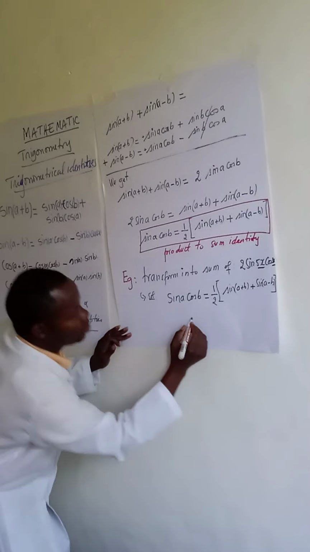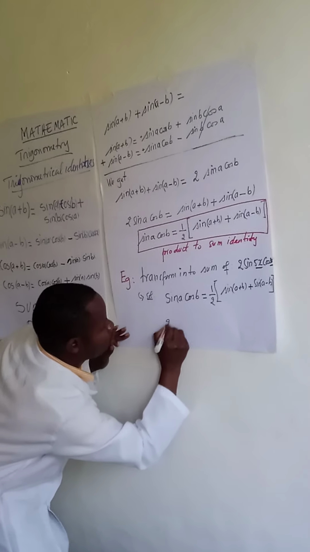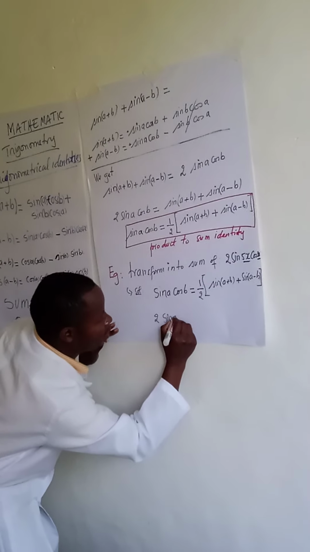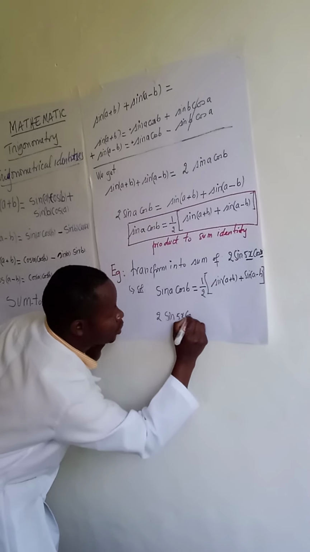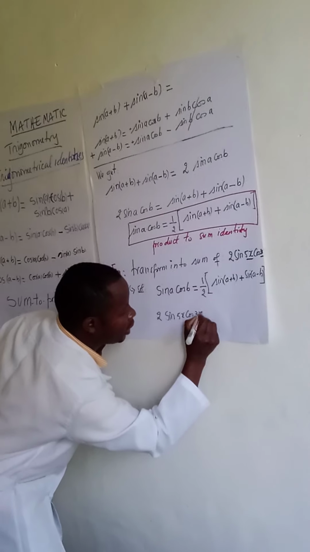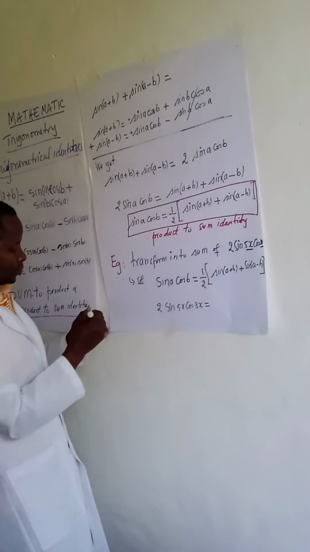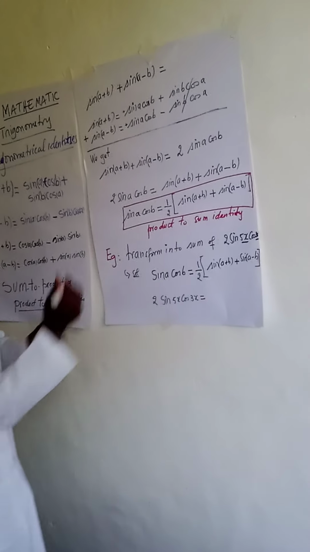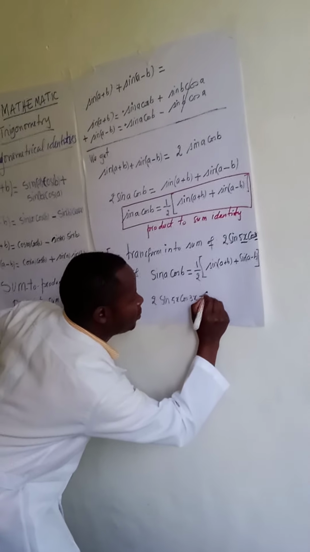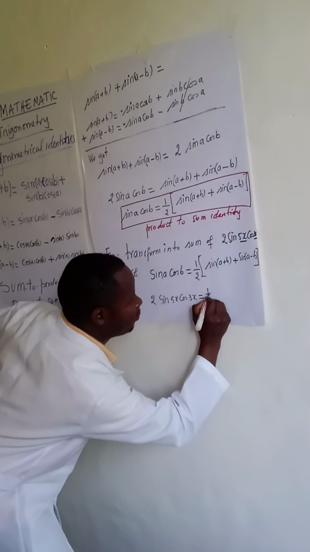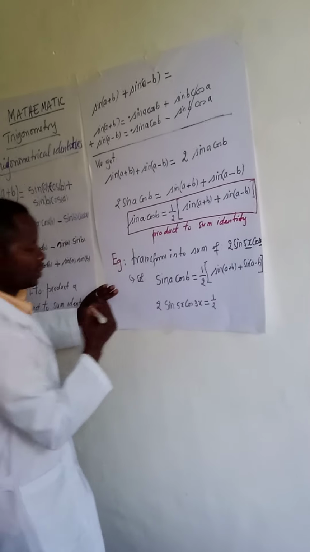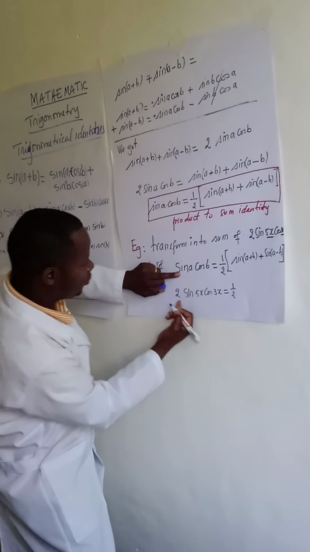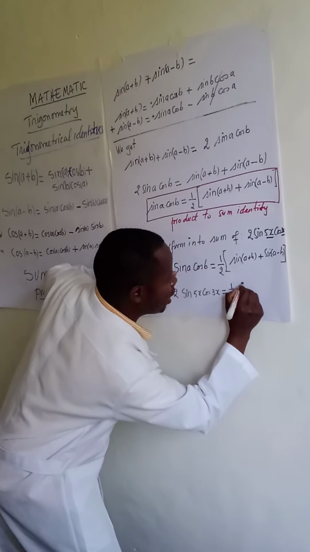So therefore we replace this 2 sine of 5x cosine of 3x. It will be equal to, remember we have a half, it is now a half of what? Remember here we have 2, we multiply by 2.